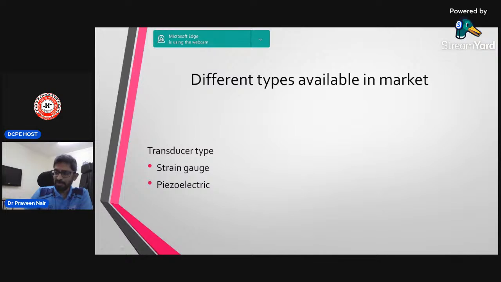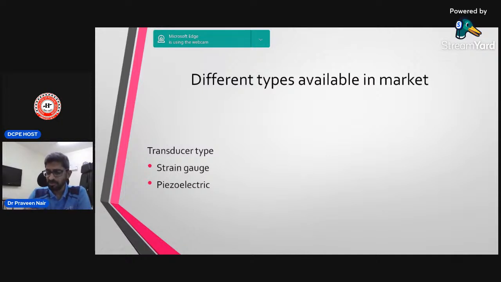If your requirement is low impact studies, like walking, standing, measuring balance, or postural studies, then you go for strain gauge.